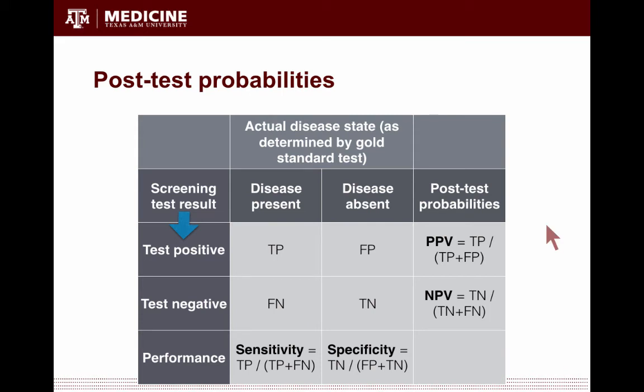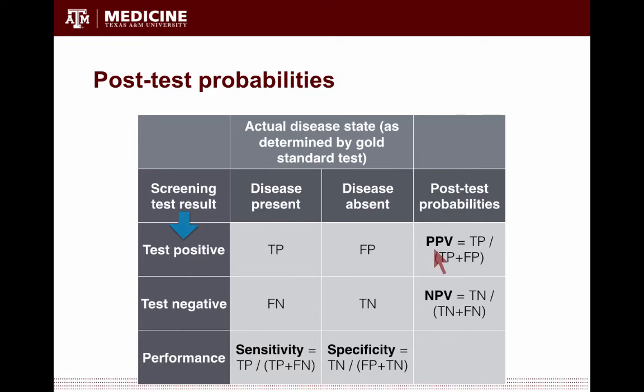Whereas sensitivity and specificity are qualities of the test, measuring the performance of tests, the PPV and NPV are post-test probabilities that are of interest to physicians for assessing the likelihood of disease when a patient tests either positive or negative for disease.